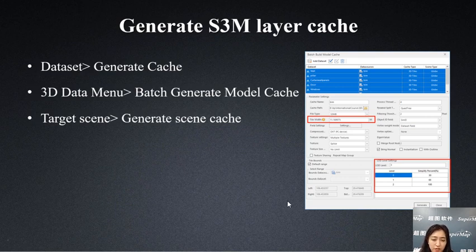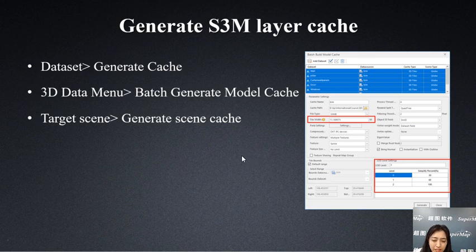So S3M is a data format suitable for the transmission of massive 3D model data. It meets the needs of users for 3D data transmission and analysis on different terminals, like mobile, browser, and desktop, through an efficient, easy to extend, and collaborative data specification.